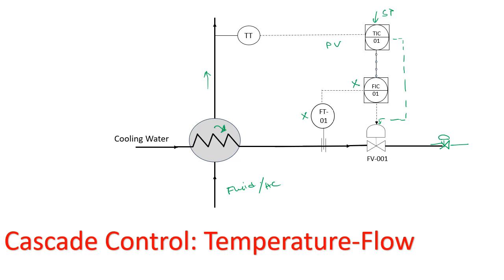And this will increase the temperature of the fluid, but it will take some time. Maybe it can take 10 minutes for the fluid to get heated due to the loss of the cooling water. And after 10 minutes, the temperature sensor understands it and sends the signal to the TIC, and then the action goes here, right? So it may be so late.